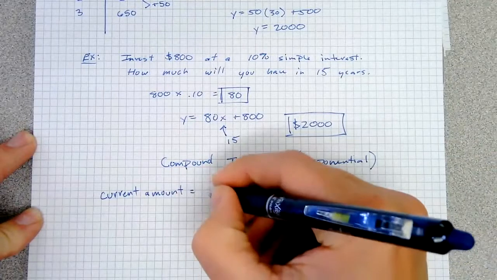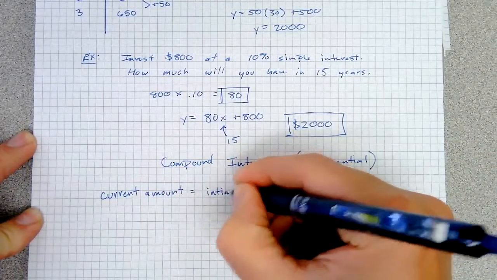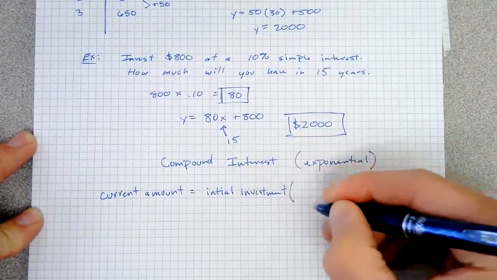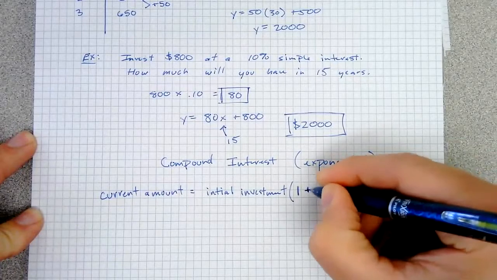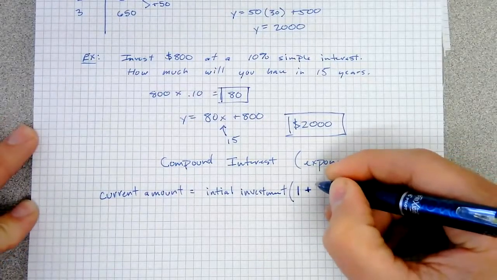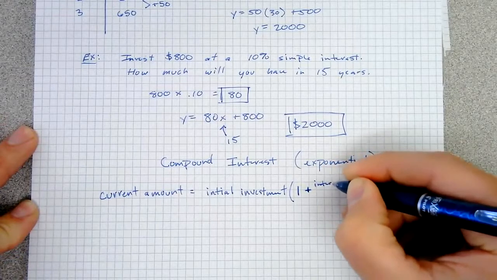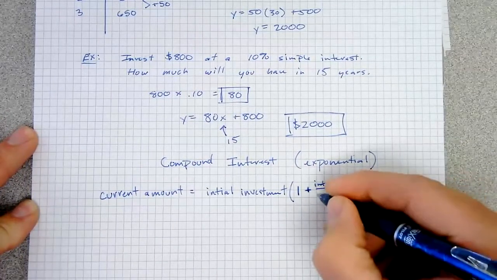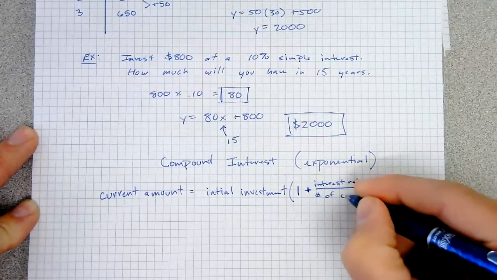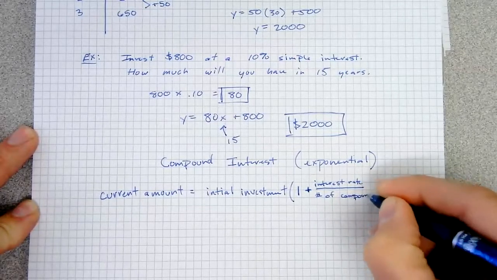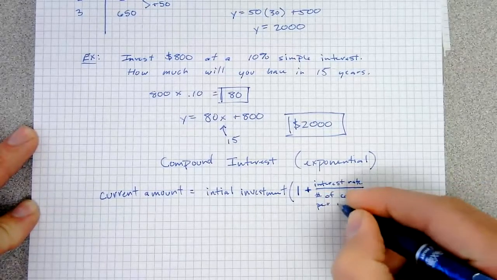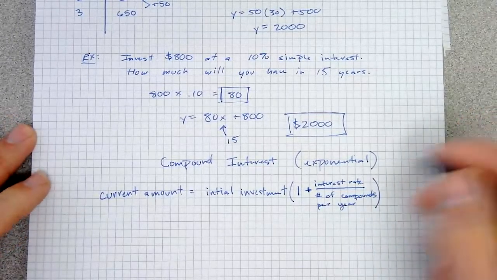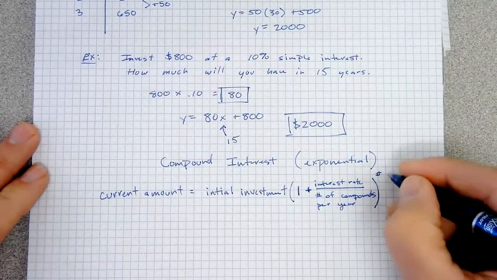That's going to be equal to our initial investment times 1 plus our interest rate divided by the number of compounds per year, raised to the number of total compounds.